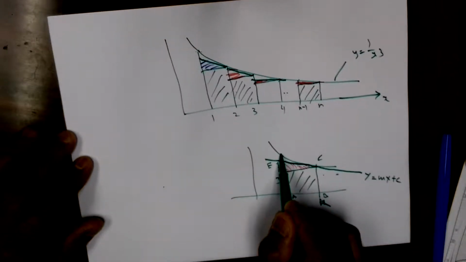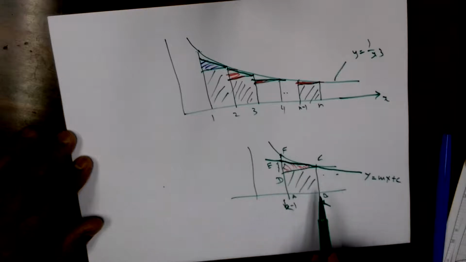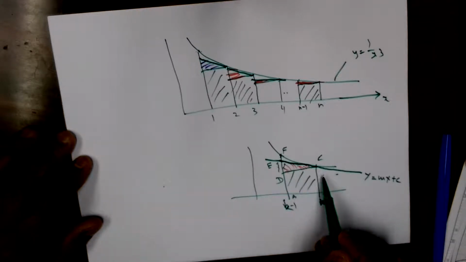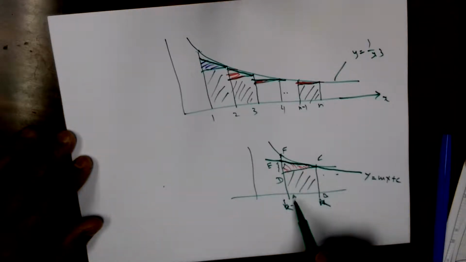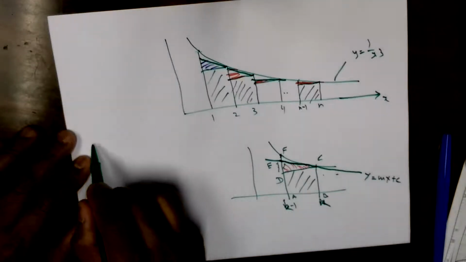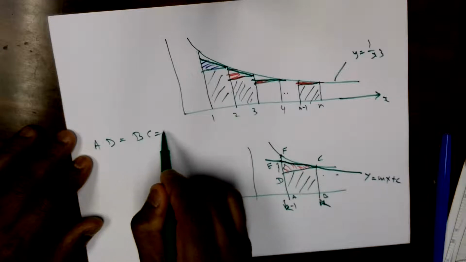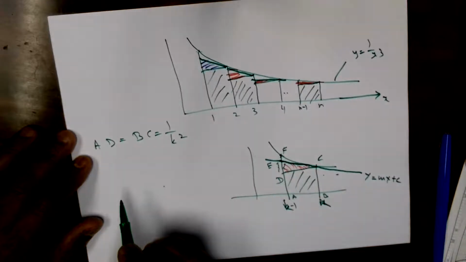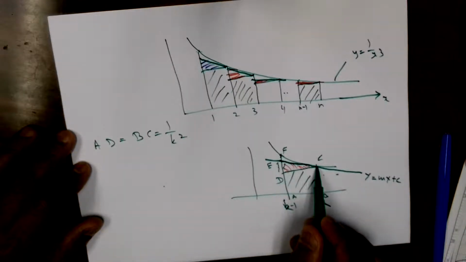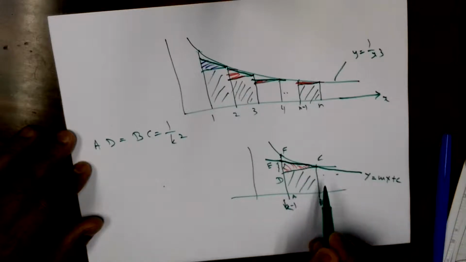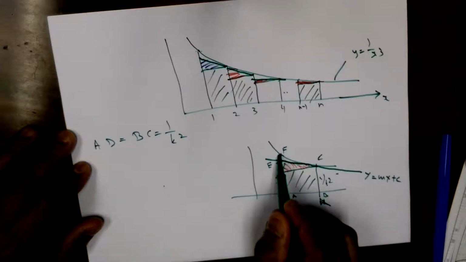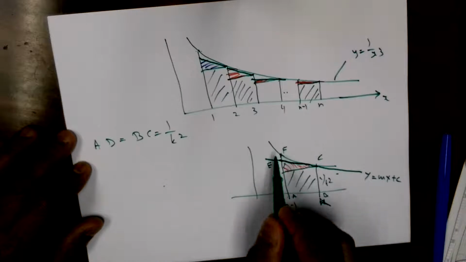Let me call this point F. So I know the total height is the height AD. AD is the same as BC, which is 1 over k squared. And so I know the value of here. This is 1 over k squared. This is 1 over k minus 1 squared from A to F.